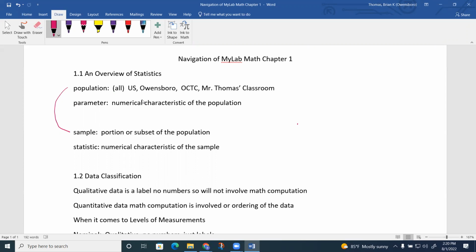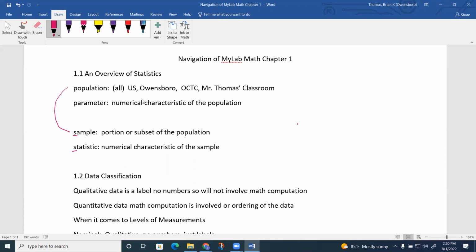So if a sample is being described in the homework, a statistic is going to be tied with the sample. Notice how sample and statistic both start with S, so they kind of go together. A statistic is going to exist if we're talking about a sample, and the statistic is going to be some numerical characteristic of the sample.